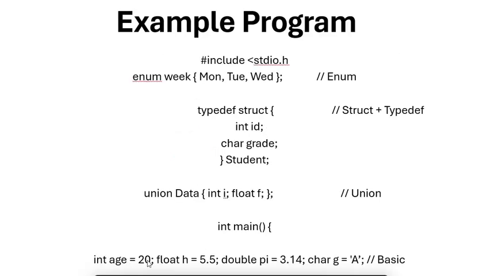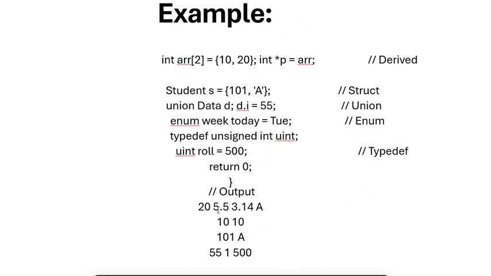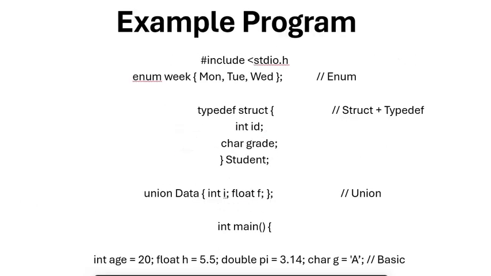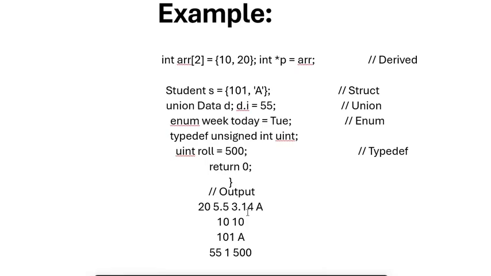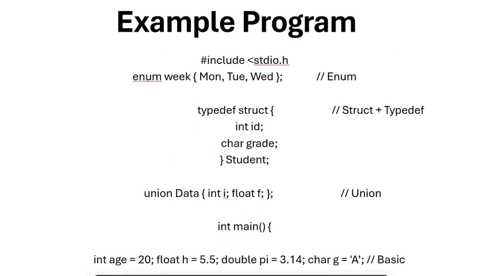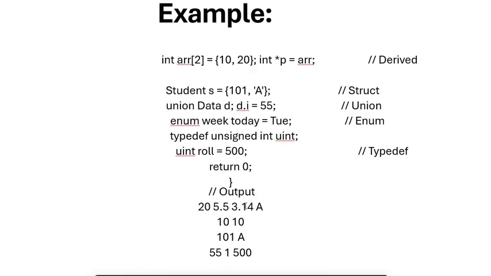Int age is equal to 20. Let us check this. 20 and again 5.5. Float h is equal to 5.5 and double pi is equal to 3.14. Let us check the output. 3.14 and char g is equal to 'A'. We have to get the A as output.